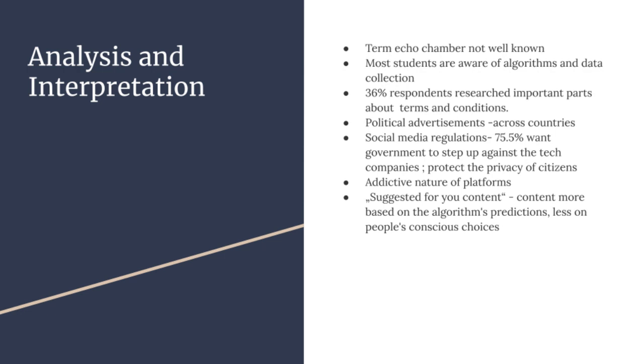This is important because that content isn't provided by pages and people that users decided to follow, but is provided to them by the algorithm's prediction of users' interests. This shows that content is more based on the algorithm's predictions and less based on people's conscious choices of who and what to follow.